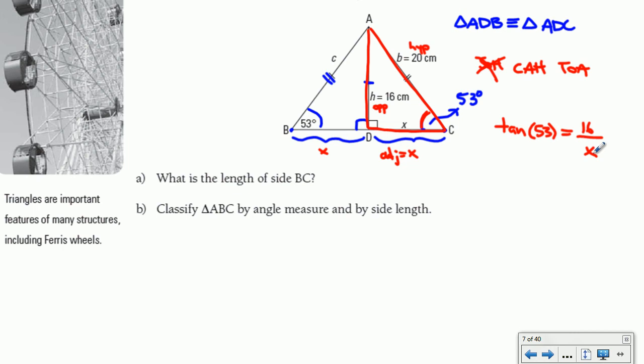Then multiply both sides by x, and then divide both sides by tan, so they basically swap places. So x equals 16 divided by tan 53, which is 12.06.